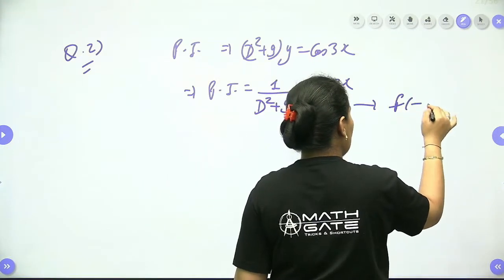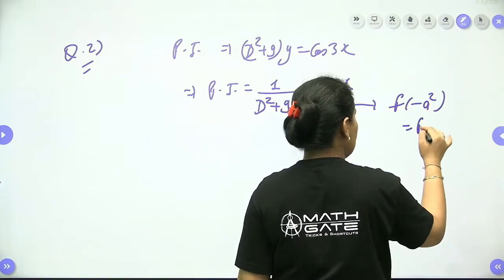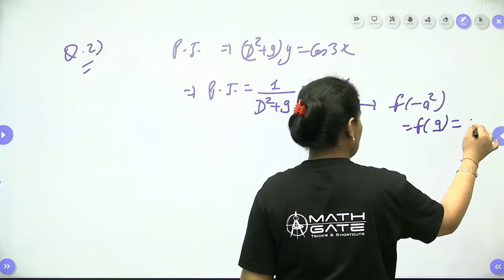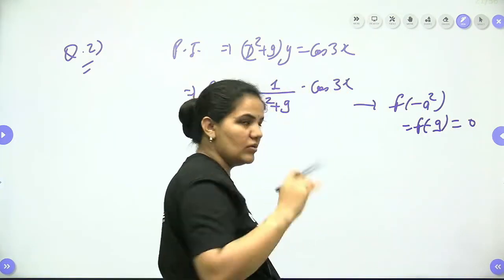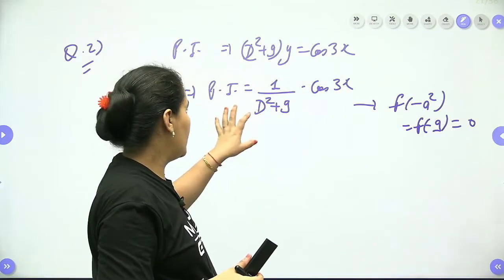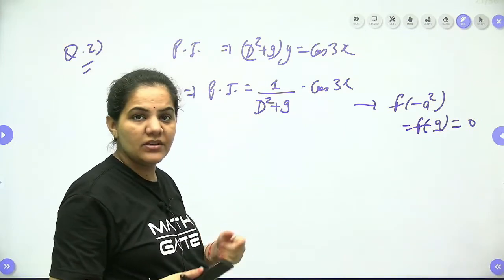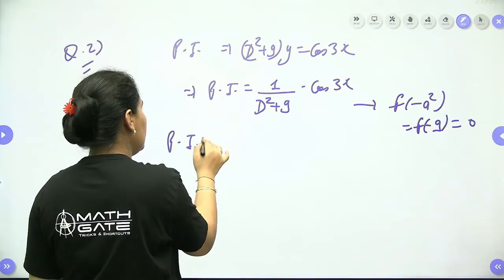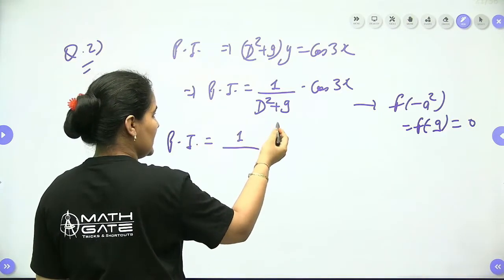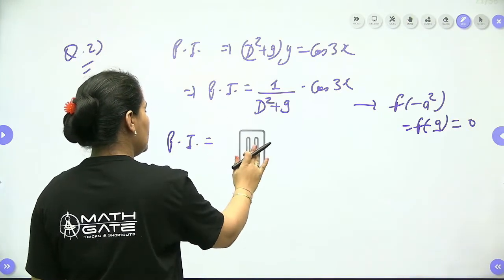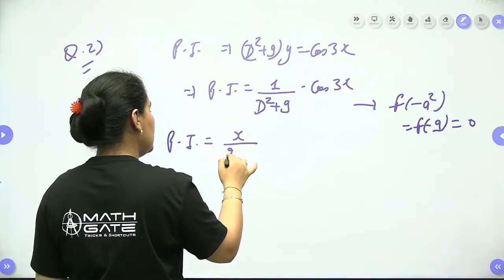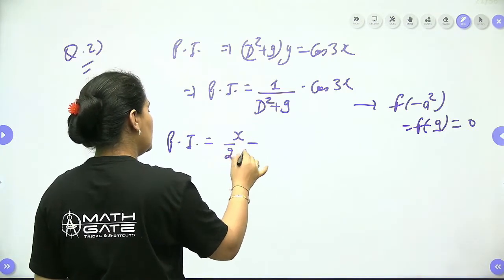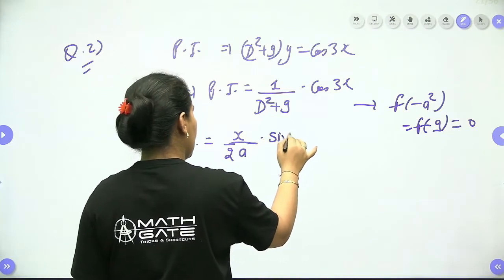Clearly seen here, f of minus a square, it means f of minus 9 is equal to 0 only. Yes, exactly. When we approach here, minus 9 plus 9, it will be 0. So we have to leave this one. So it will be 1 by D square plus 9. You can directly write down x by 2a into sine of ax.